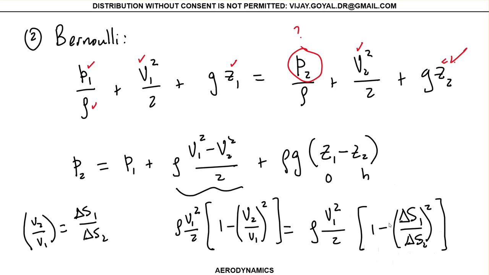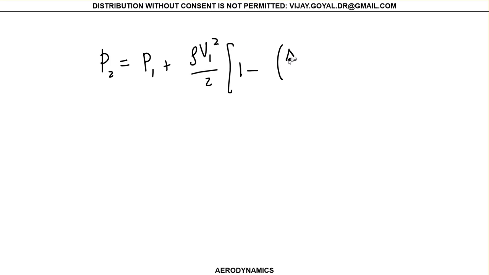With that said and done, my P2 in my problem is then equal to P1 plus rho V1 squared divided by 2 times (1 minus delta S1 divided by delta S2) squared minus rho g H.